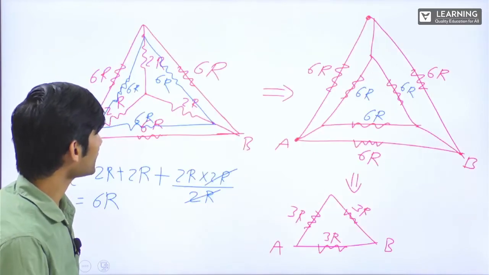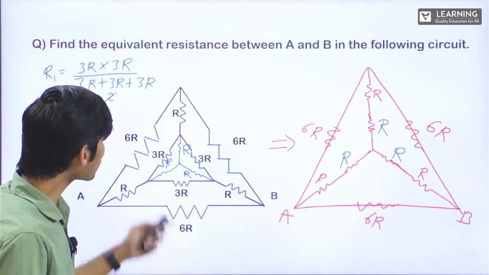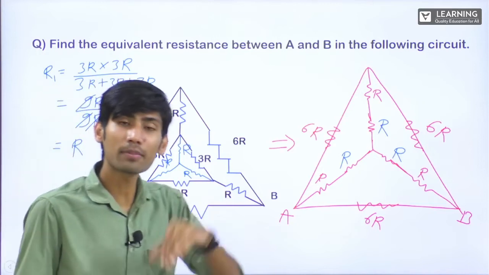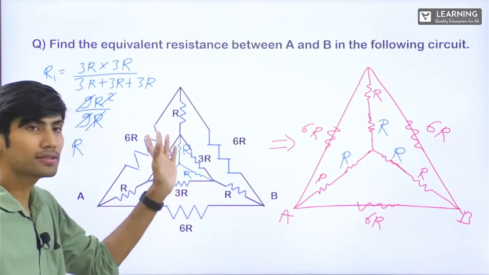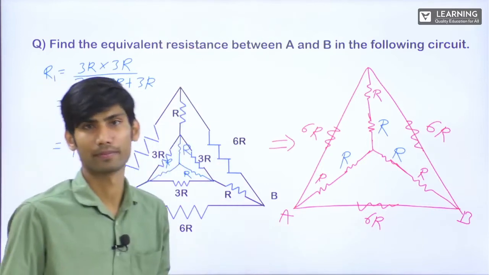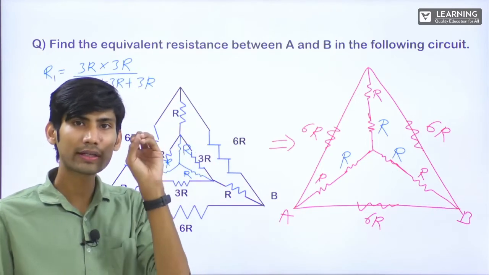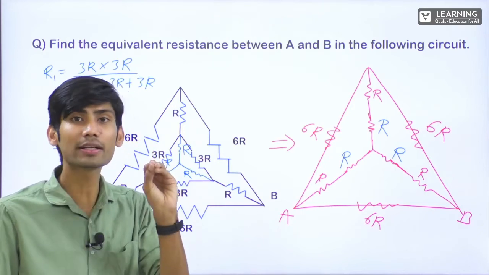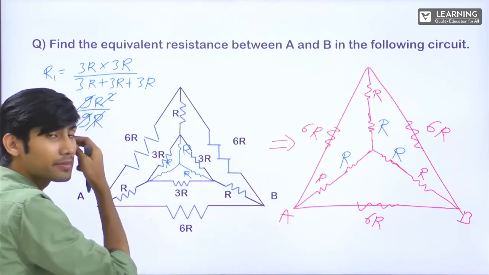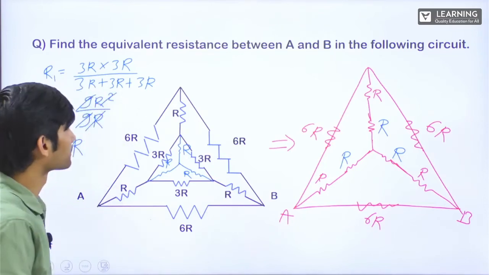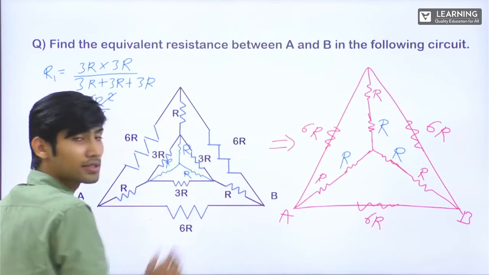Okay, let's go further. Now the same question I will show you by another method where you will get the answer within 10 seconds. That is the method of symmetry, which is applied only in symmetrical circuits. See here, can you find a symmetry? There is a symmetry. This is 6R, this is 6R.